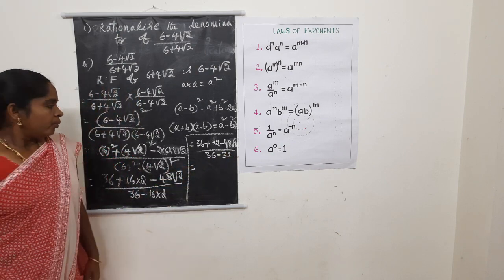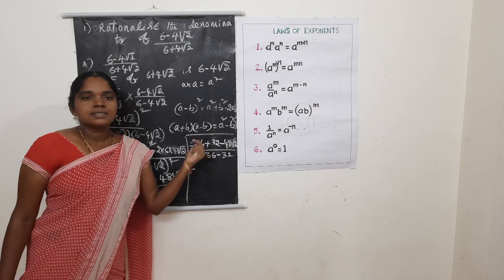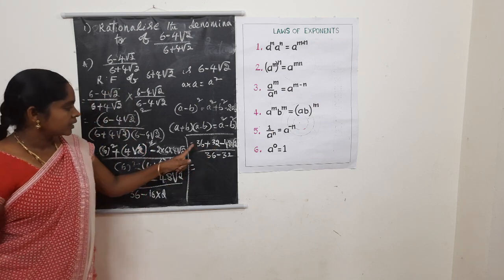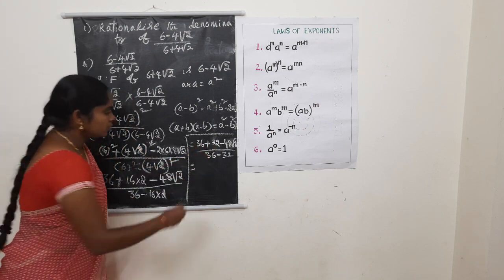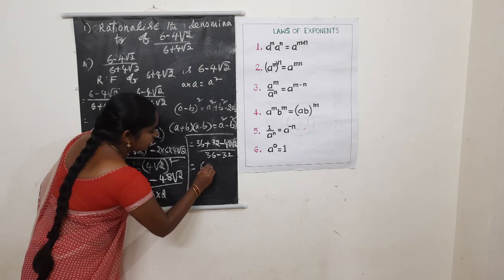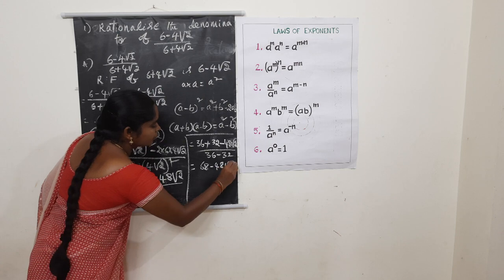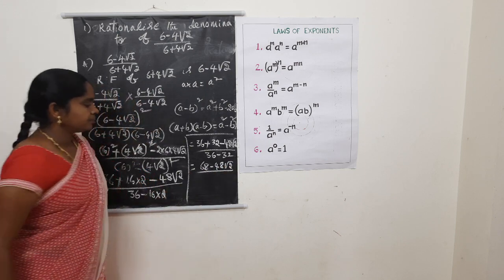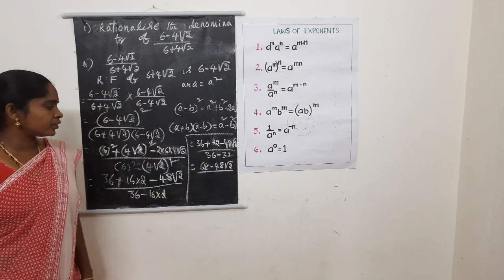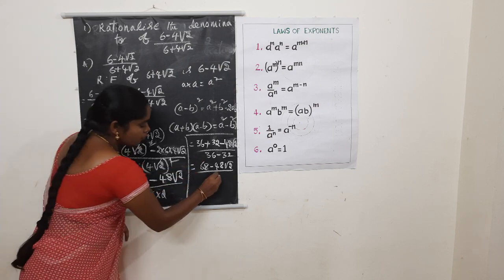So we can add these two rational numbers. 36 plus 32 is 68, minus 48 root 2, by 36 minus 32. The value is 4.